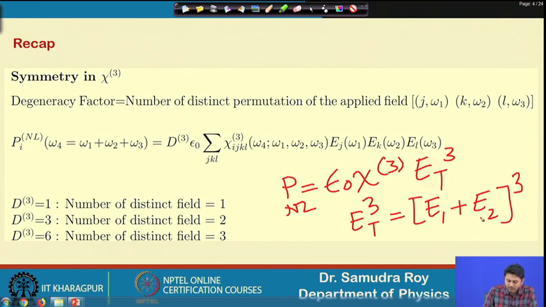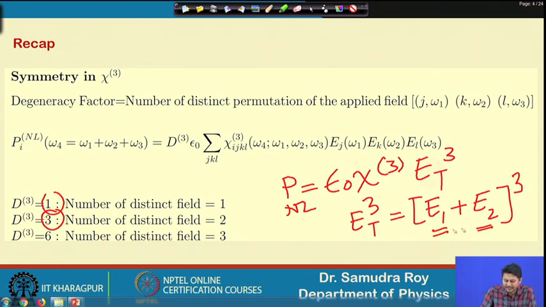So, we will have one term like E1 cube, one term like E2 cube, and the combinations like 3 E1 squared E2 and 3 E2 squared E1.